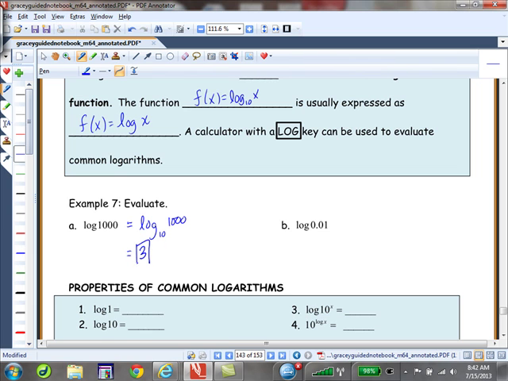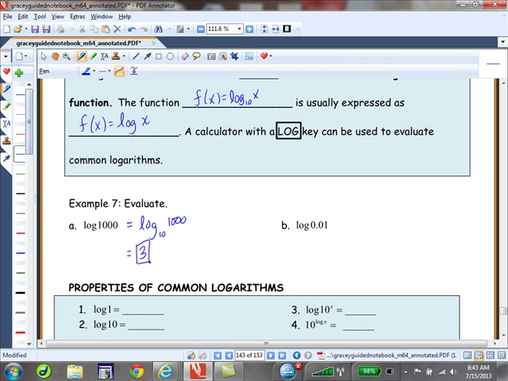On most scientific calculators, you would do the 1,000, then hit the log key and then enter, and you would get 3. If that doesn't work, then try the log key first, then 1,000 and then enter, and see how it works.